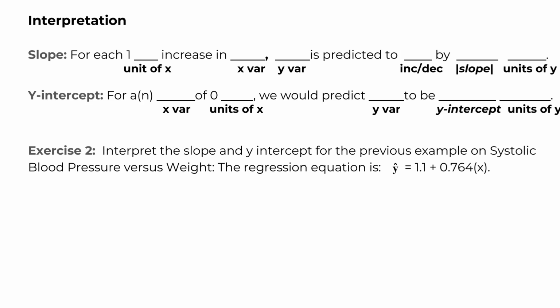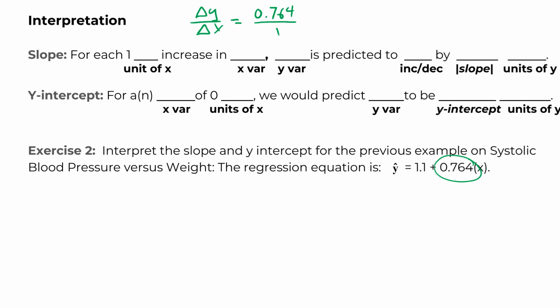So for slope, just to remind us, slope is change in y over change in x. Say you're in this next example where we have a slope of 0.764. We could put that over an invisible 1, right? So our change in x is going to be 1, while our change in y is going to be 0.764, which is basically what we're writing out in this sentence.